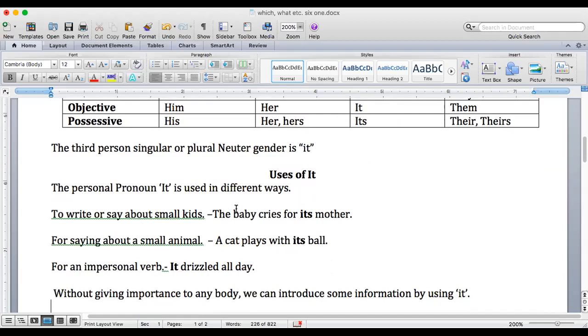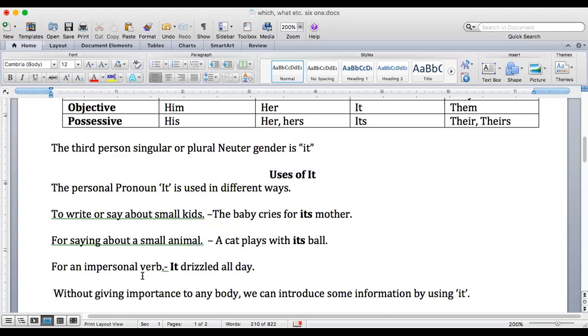The baby cries for its milk. Though the baby is human, we say he or she, but for small kids, we say its. The baby cries for its mother. Now, for saying about a small animal: a cat plays with its ball. It's talking about the cat.